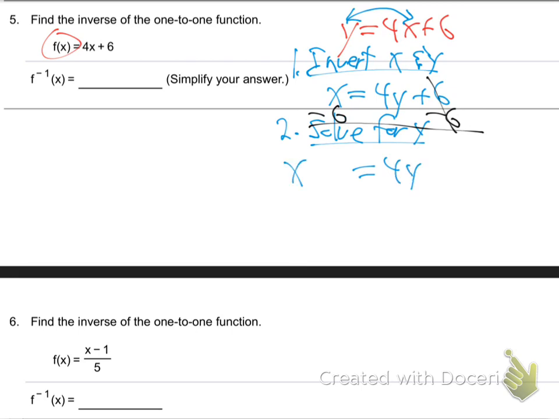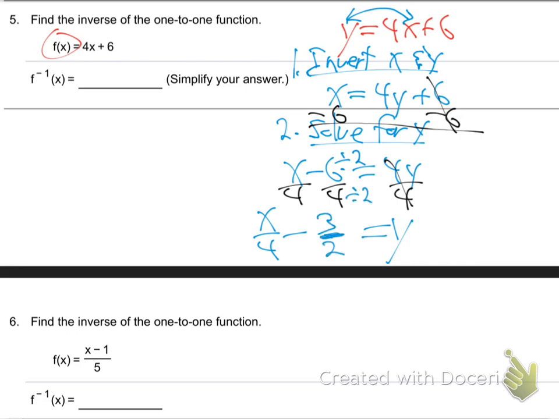And we get 4y is x minus 6. Now divide through by 4. Remember, when you divide, go all the way across. So I get y equals x over 4, then reduce that, divide by 2, 3/2. Y equals x over 4 minus 3/2. That's the inverse function.